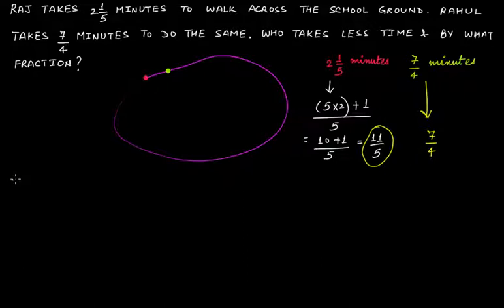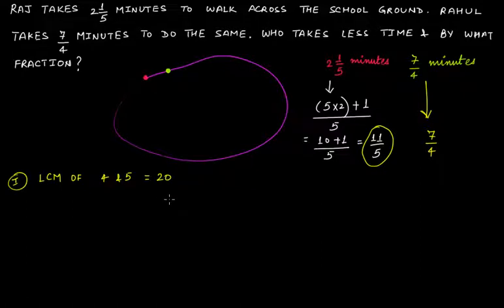So the first step towards making them like fractions having the same denominator will be to find the LCM of 4, that is this one, and 5. If you find the LCM of 4 and 5, you'll get 20.